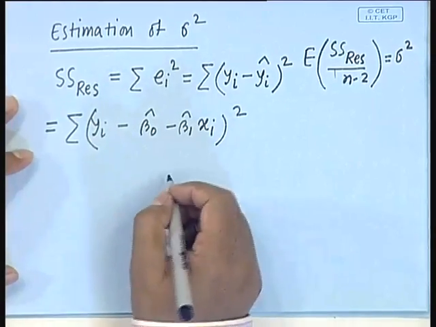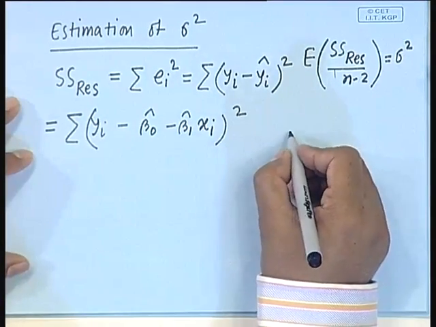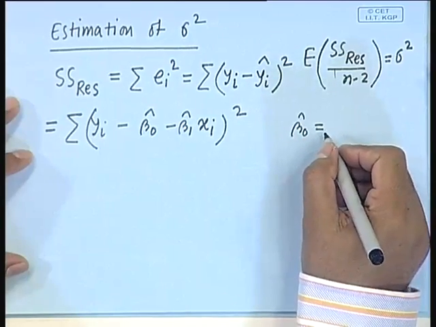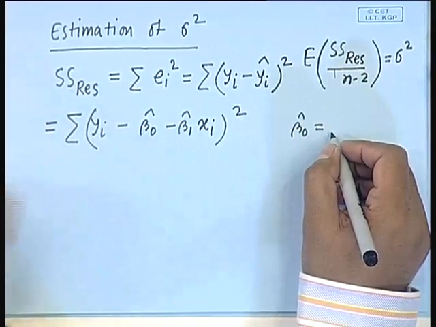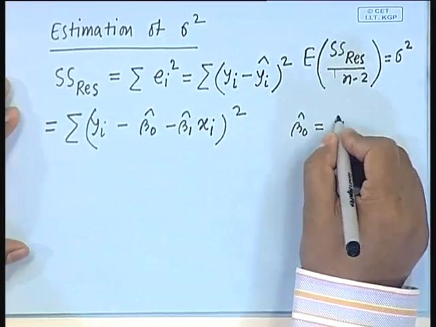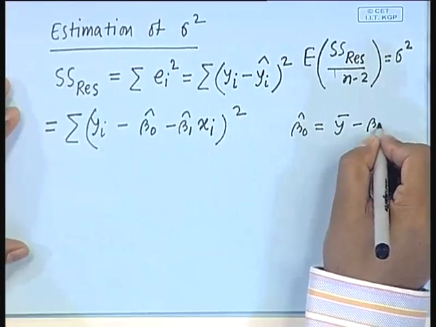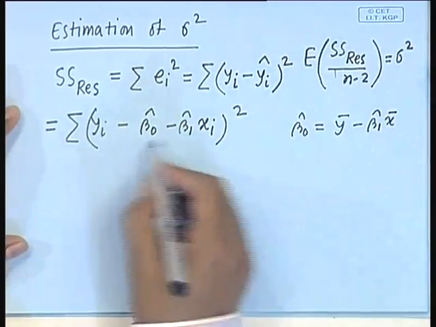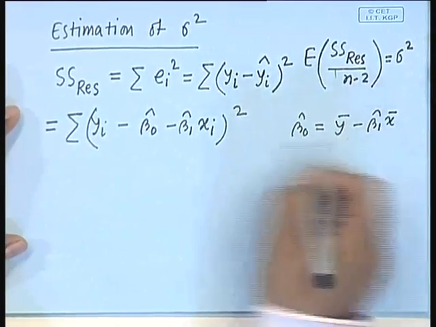Okay. So, what we do here is that we know that beta naught hat is equal to, just trying to find a convenient form for SS residual. So, beta naught hat is equal to y bar minus beta 1 hat x bar, right. So, we will just plug this value here.